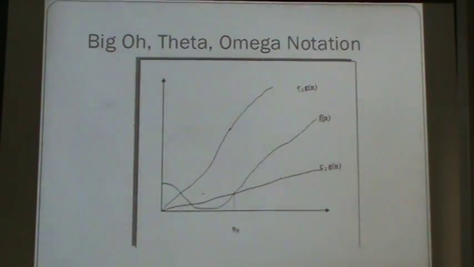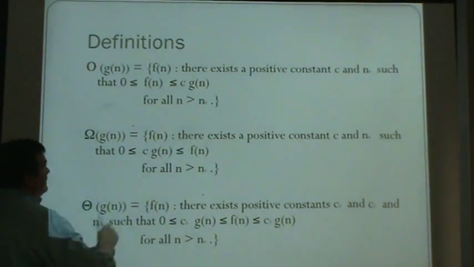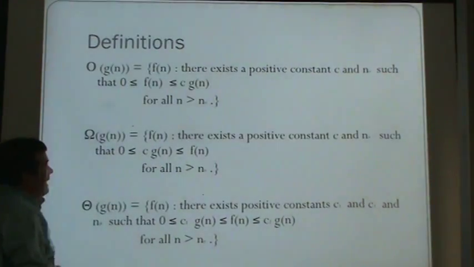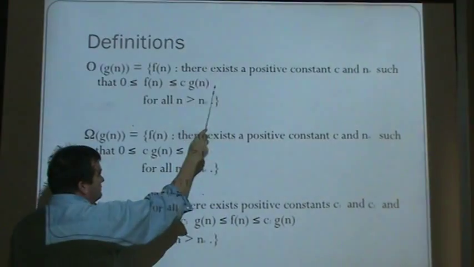I'll go over this more clearly, and we can go over examples too, next class. But we're going to make a statement that goes like this. Suppose you have a function f of n, for example a n squared plus b n plus c.